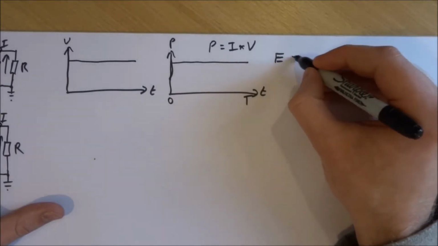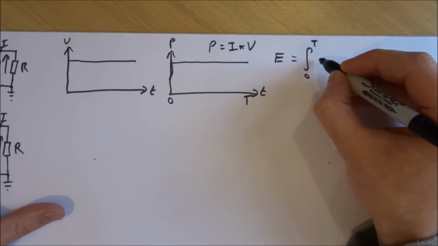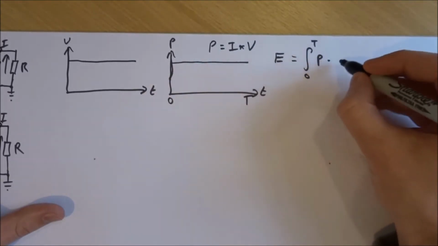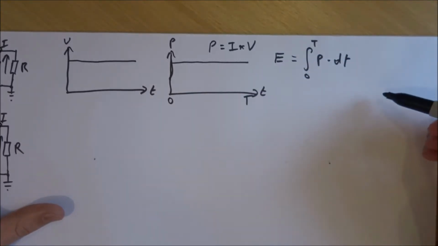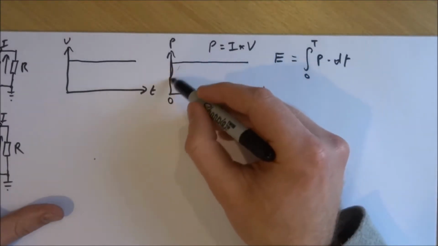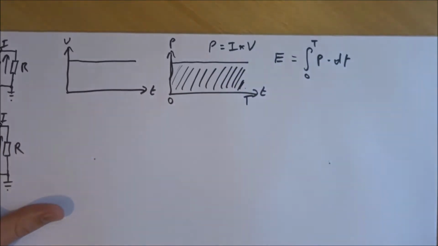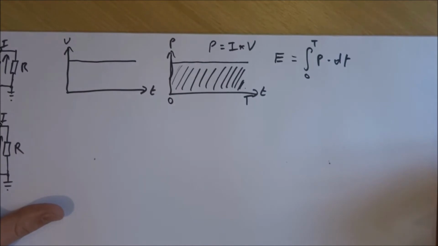So energy is equal to the integral from 0 to T of the power, which is this waveform here, over time, dt. And that effectively gives us the area underneath the curve here. So underneath the power waveform, we have quantified the area underneath that power waveform.